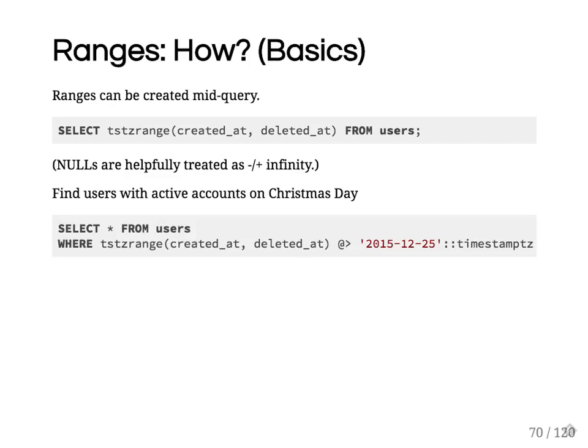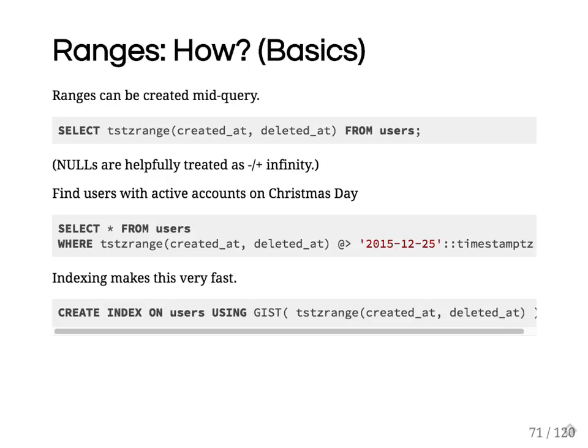And then you can start to do inclusion queries. So here we're finding all of the users whose created at and deleted at intersects with Christmas Day, right? So they were around on Christmas. So, right, like you can start to perform these really powerful things that are very annoying to think through and have all these weird corner cases using very simple, robust operators.